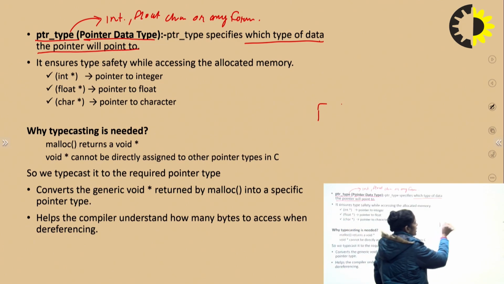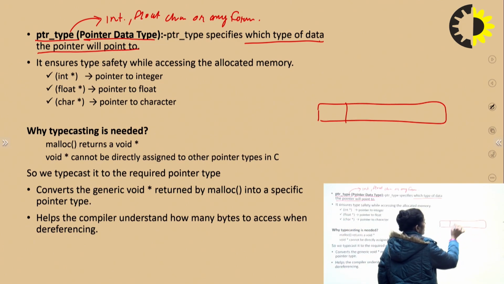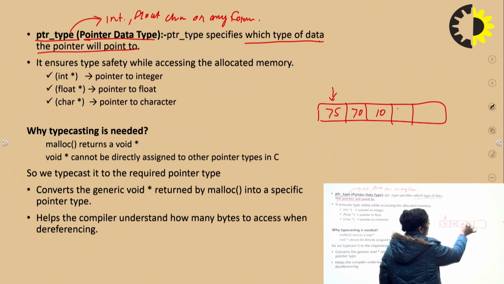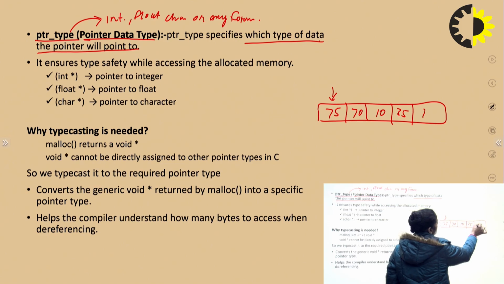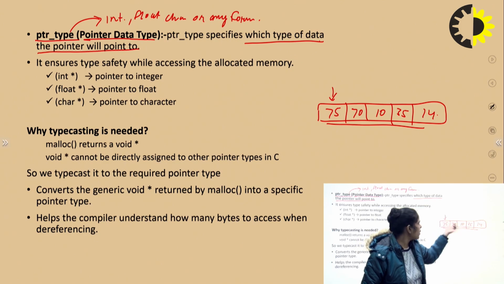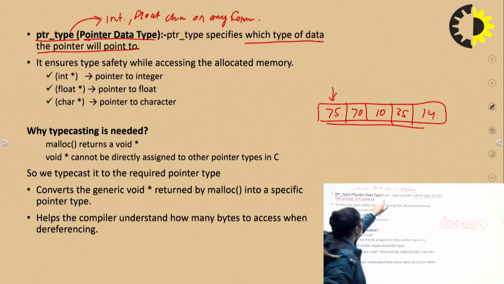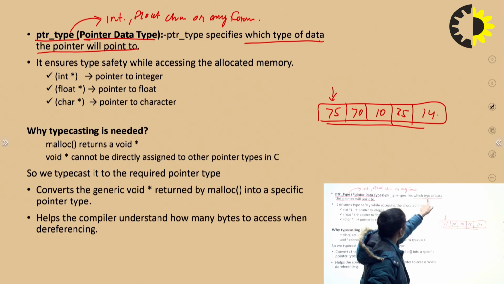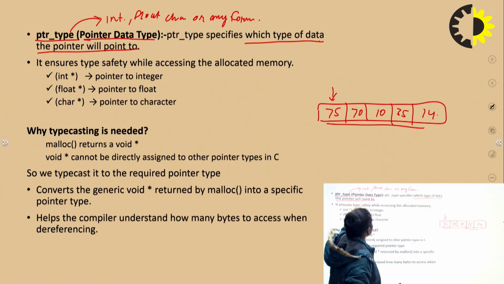So if in this block of memory we have some kind of values or some kind of data, let's say 75, 70, 10, 35 and 14, right? What is this? This is the data, and this data is stored in this memory block. So ptr type means the type that the pointer will point to, right?